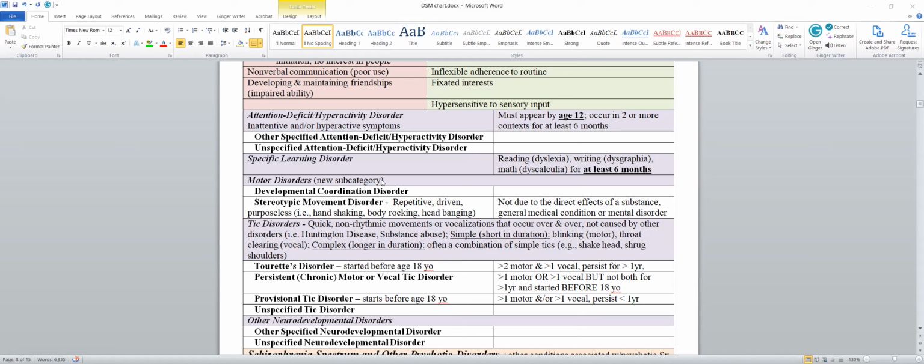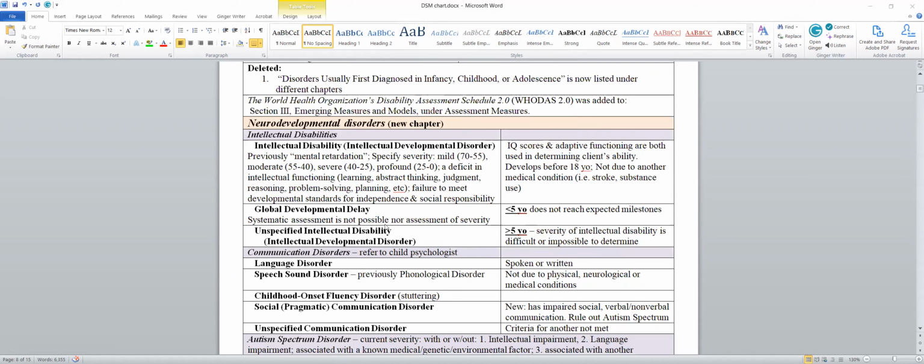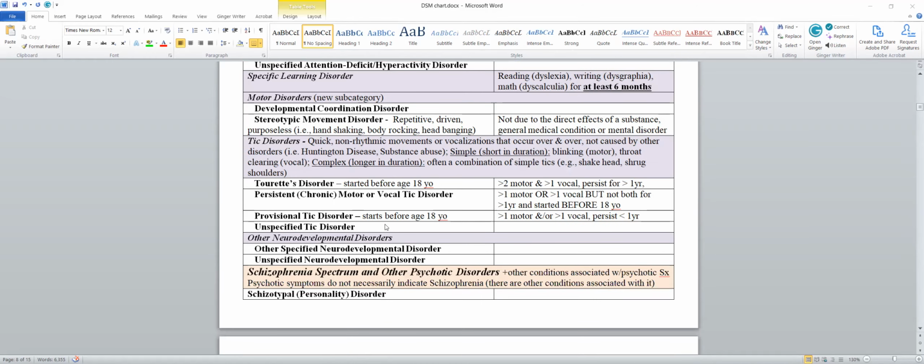The next subcategory under neurodevelopmental disorders are tic disorders, quick, non-rhythmic movements or vocalizations that occur over and over, not caused by other disorders such as Huntington's disease or substance abuse.